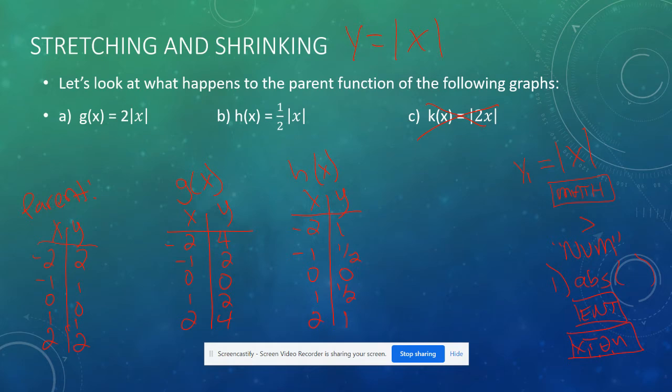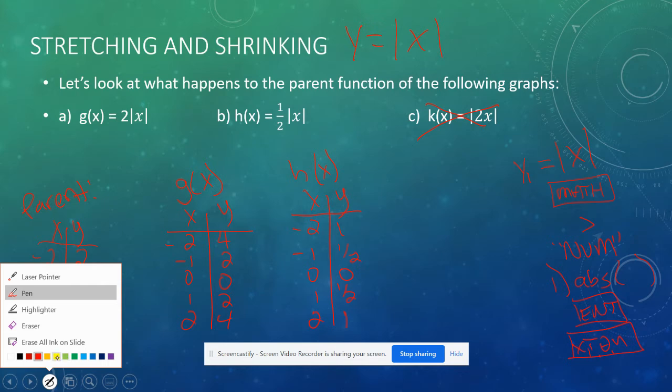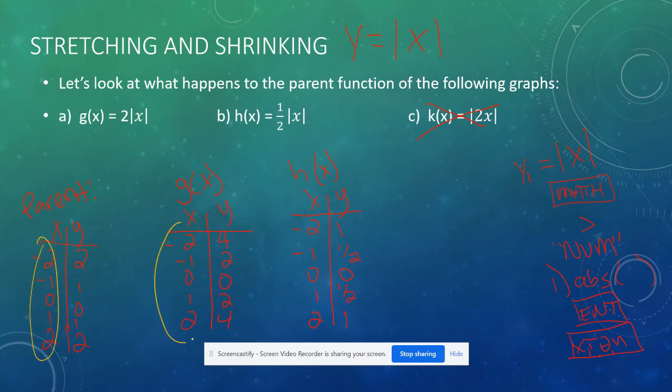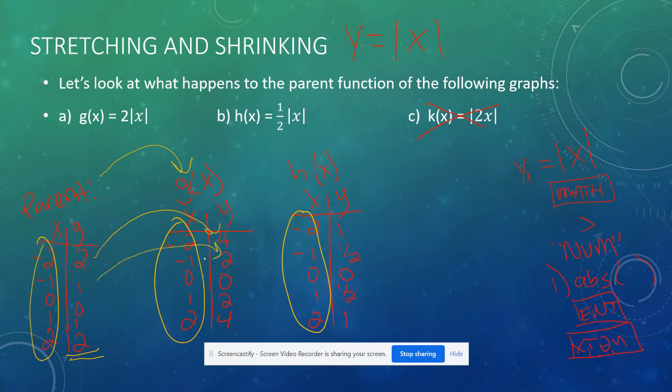So if you had to take a look and see what changed, if we're looking at x or y first, our x values didn't change. We didn't do anything with those. But from the parent to the g, what could you say that we did to get from 2 to 4, 1 to 2, keep the 0, 2, and 4, knowing we have this 2 sitting out front? Well, we multiplied the y value by 2.